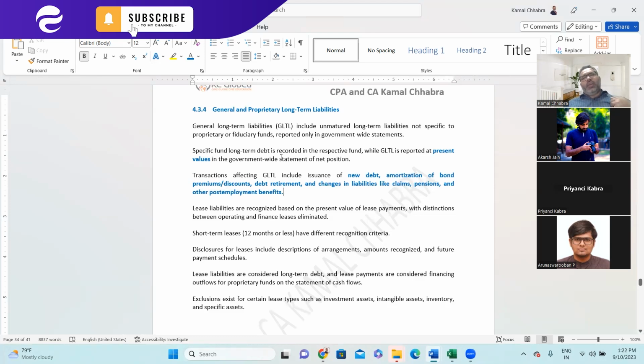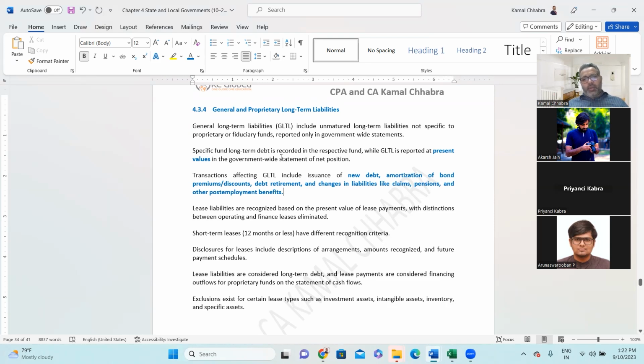For that, certain money you have considered in the budget, and a certain amount you are planning to take as a loan for the establishment of the hospital. In that scenario, whatever the loan balance is, you'll be disclosing the amount which is payable to the bank.